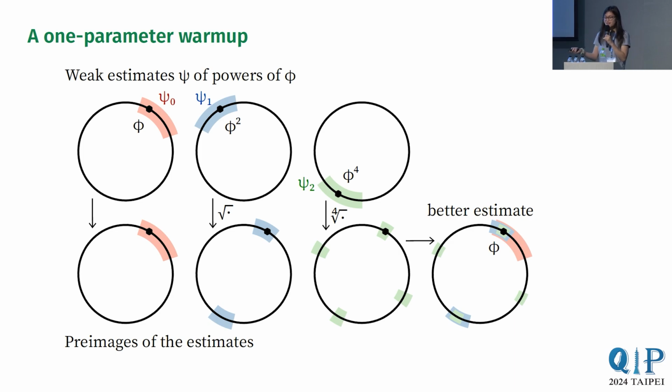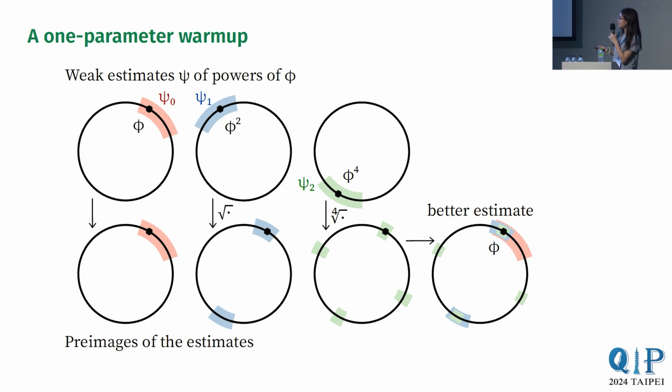But what you do is you look at what these intervals will tell you about where phi is. So you pull back and see that, okay, if I know that phi squared is in this one blue interval, then phi must be in one of these 2 blue intervals. And similarly, for phi to the 4th, if it's in this one constant size interval, then it's in these 4 intervals of like 1/4 the size.